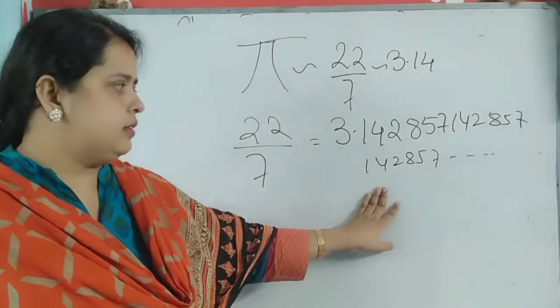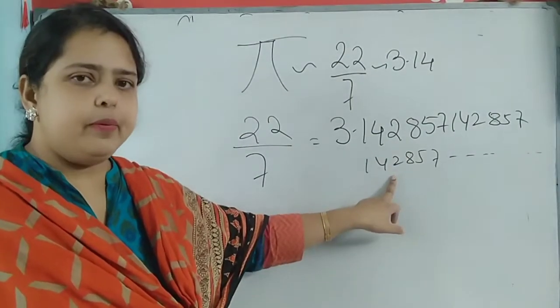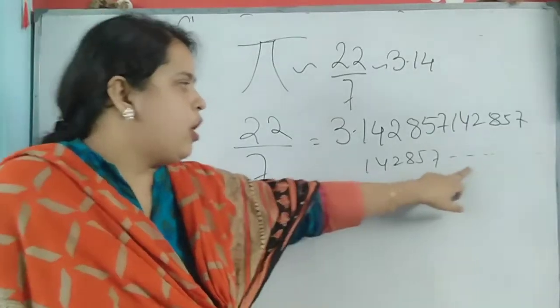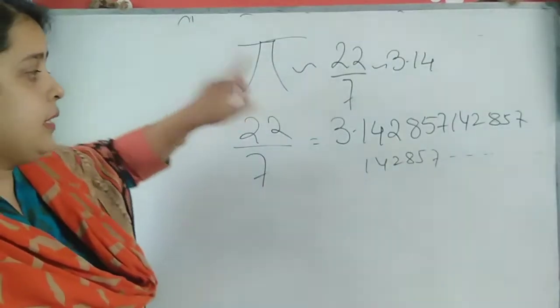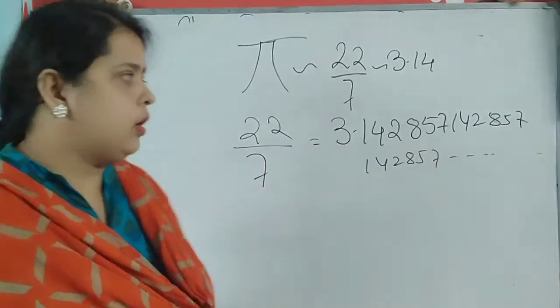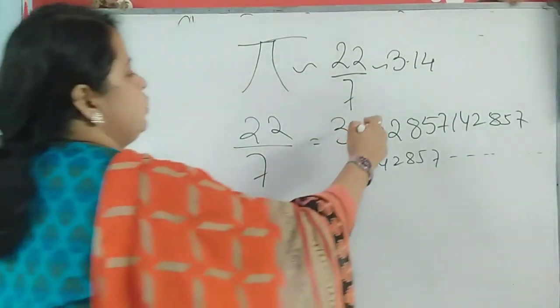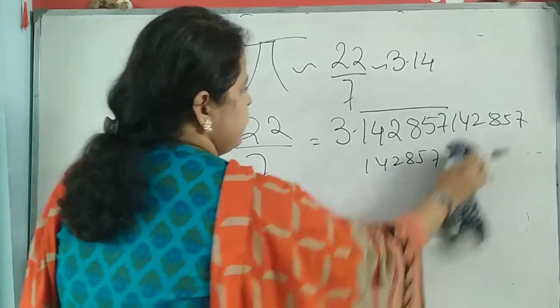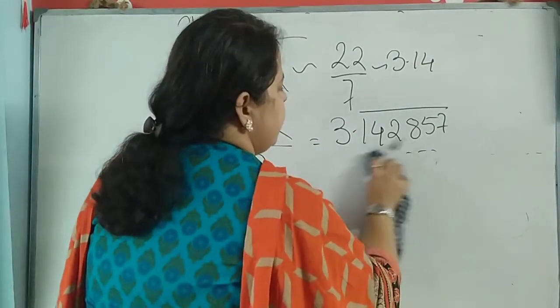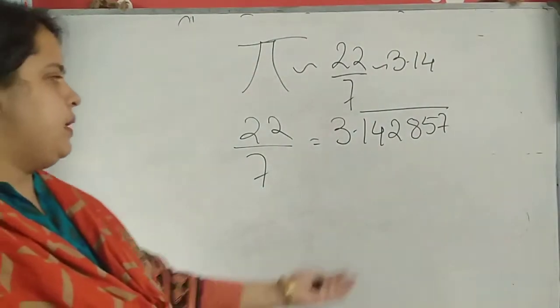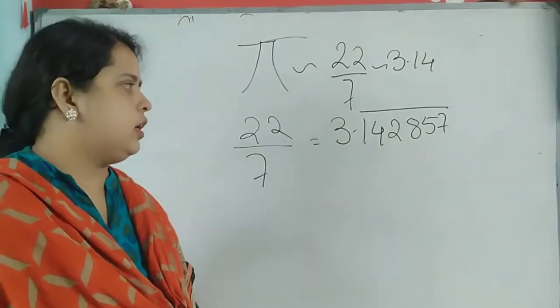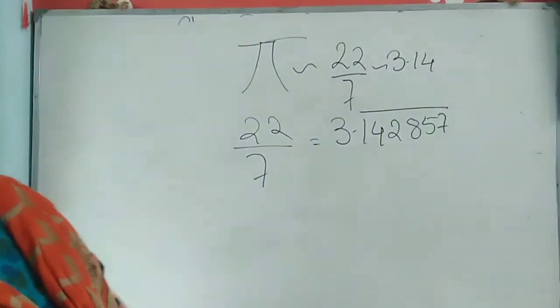So this pattern is what type? It is non-terminating. It is not finishing. See? But it has a pattern. What pattern? This 142857 is again and again recurring. Understood? Coming back with this particular 6 digits after the decimal.